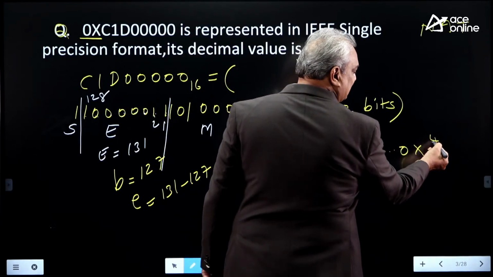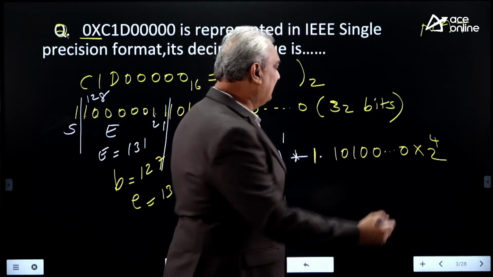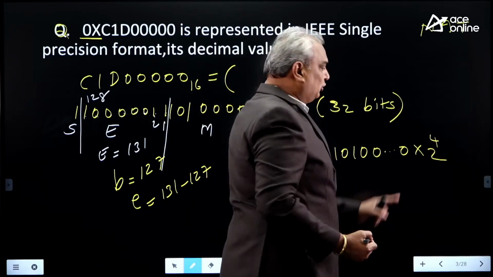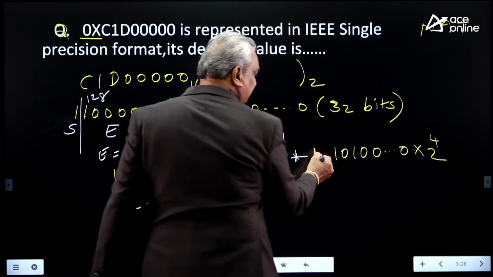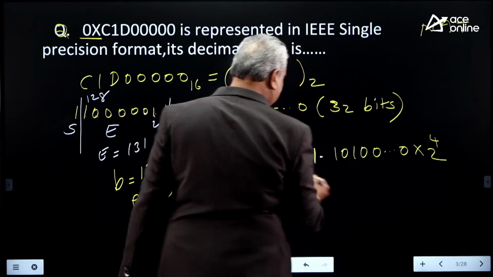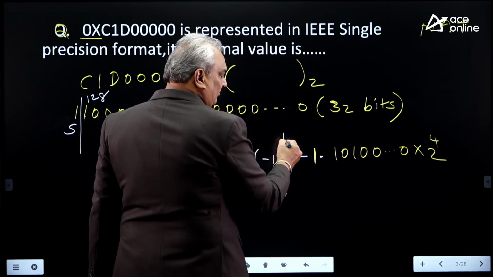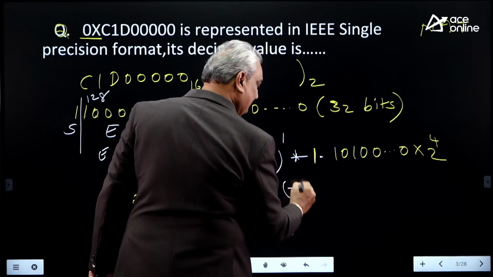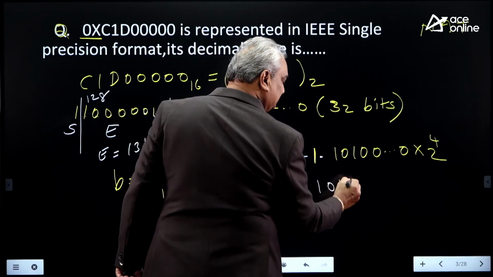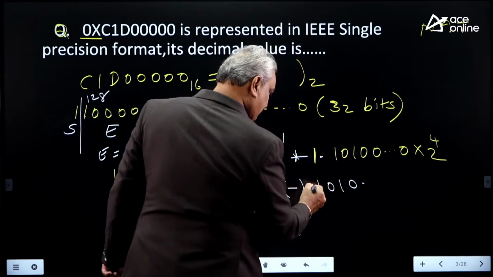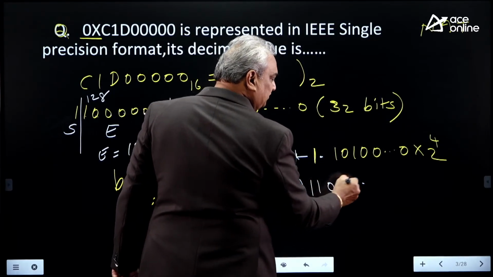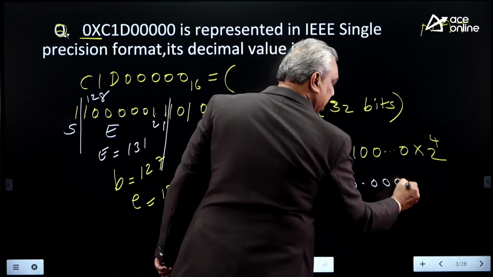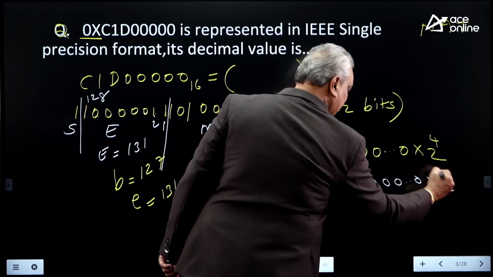When this exponent becomes 0, it is not needed to consider it. To get 0 here, you have to shift the decimal point to the right by 4 bits. So minus 1 to the power 1, which is minus 1010.0000 times 2 power 0.